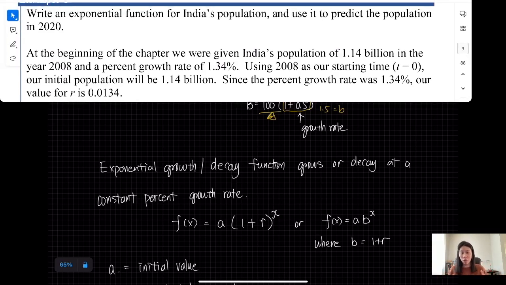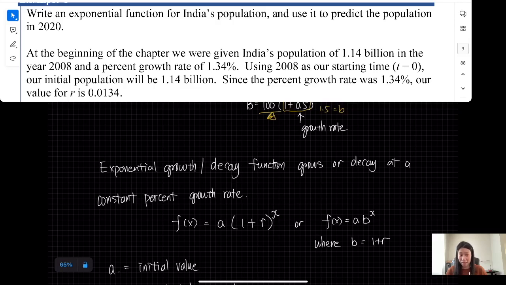Write the exponential function for the Indian population and use it to predict the population in 2020. At the beginning of the chapter, we were given the Indian population. The Indian population is 1.14 billion in the year 2008, and the percent growth rate is 1.34%.